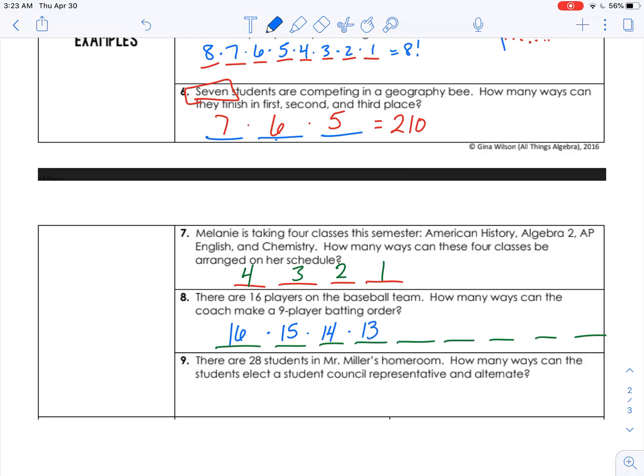So 16 minus 3 is 13. What about my left fielder? Well, I've used 4 kids out of my 16, so I've got 12 left to pick from, and so on and so forth. I lose a kid every single time. And whatever this product is here, this would be the number of ways that I can arrange my team on the field.